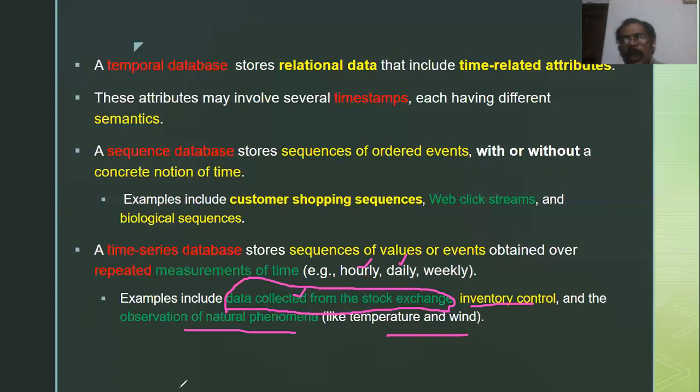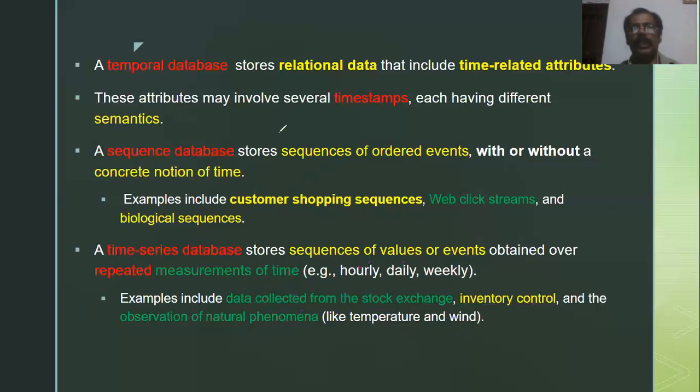So we have discussed temporal database, sequence database, then time series database. In a temporal database, for each record, there are some time related attributes. In sequence databases, the data are stored as a sequence of ordered events.